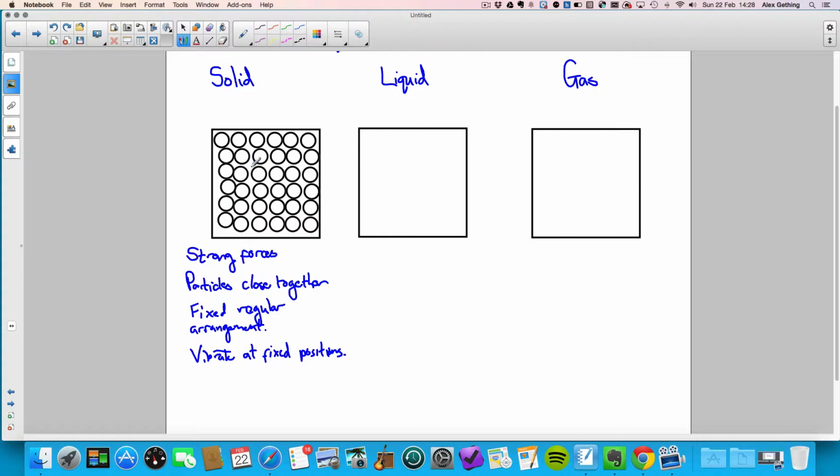In fact, I probably should have squeezed these circles representing the particles even closer together than they are there. A very fixed, regular arrangement, and obviously they've still got energy. It's not absolute zero where the particles lose all their energy, but they're going to be vibrating on the spot. I wish I could animate that for you, but obviously not possible in this format.